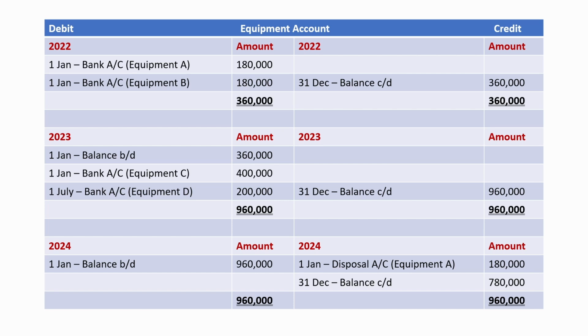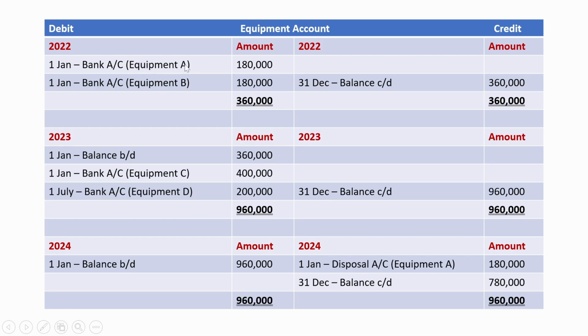In the year 2022, the company did not have a balance brought down. So they started buying the assets in that year, and it was on 1st January. You were told that they purchased equipment A and B for 180,000 each. So it is good to show each one separately.